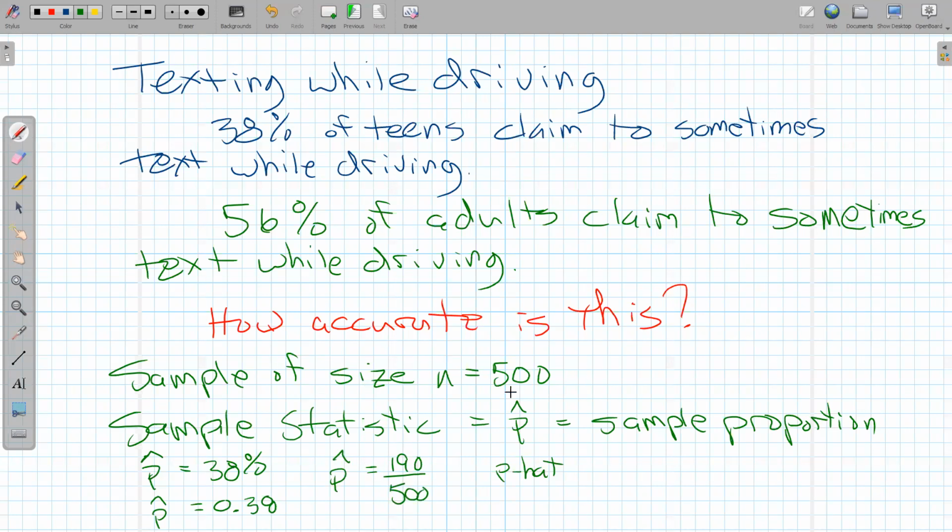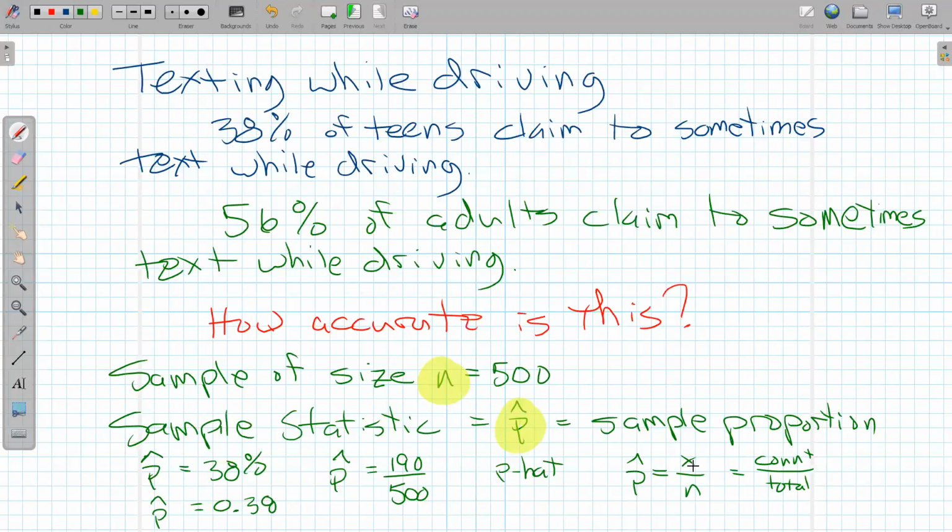So just some terminology that's going to come up. Sample size is the letter n. If we have a sample proportion, that's a p with a hat over it. And if we have the actual number, like 190 reported texting while driving, that would be x, just the count. So p hat is x over n, the count of people who text while driving divided by n, the total sample size.